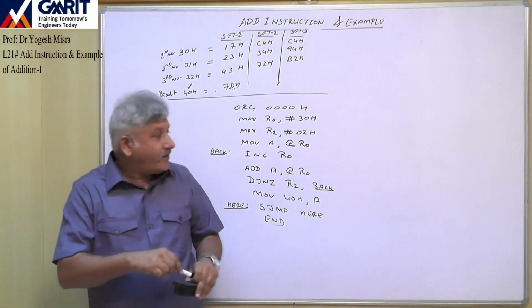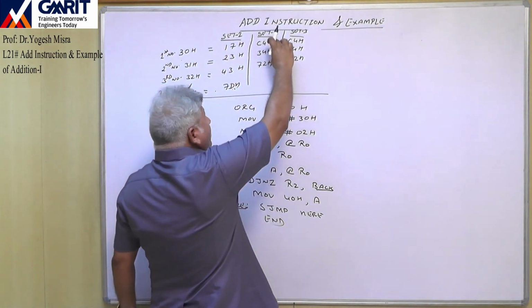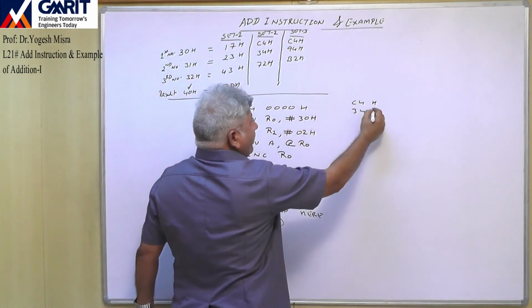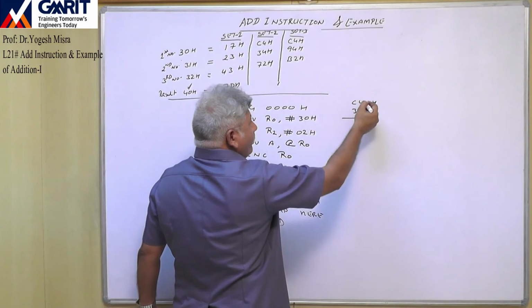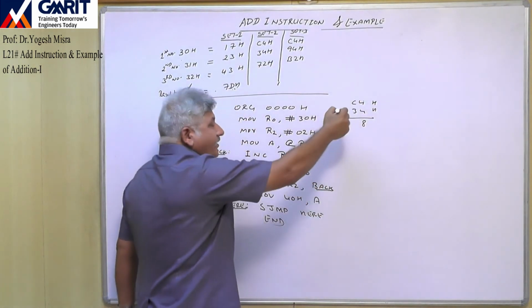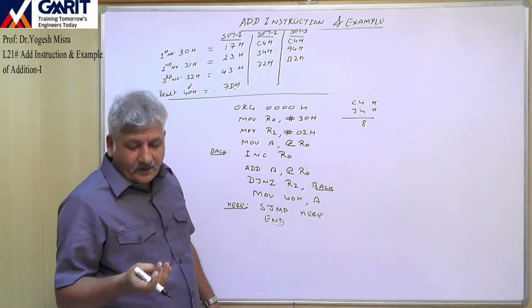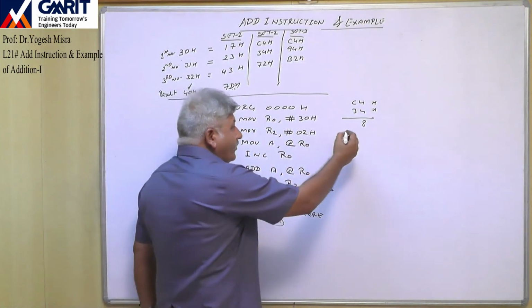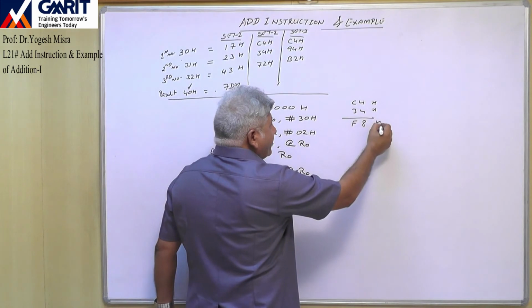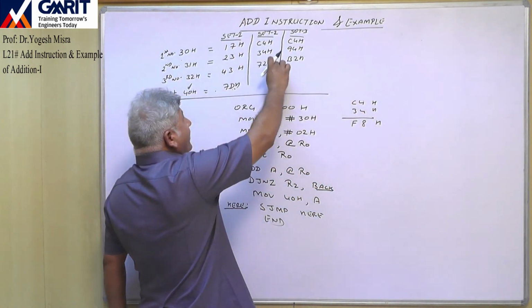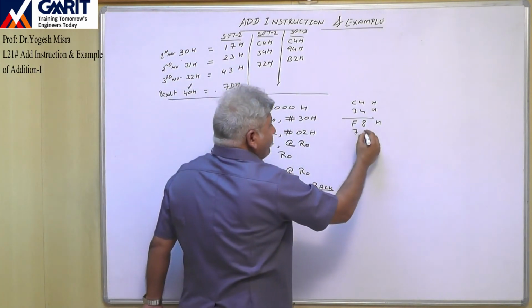Basically we are expecting C4 plus 34. What will it give? 4 plus 4 is 8 and C plus 3, D, E, F. So this will give you F. This is the result after adding the first two numbers, and to that I have to add the third number 72H.